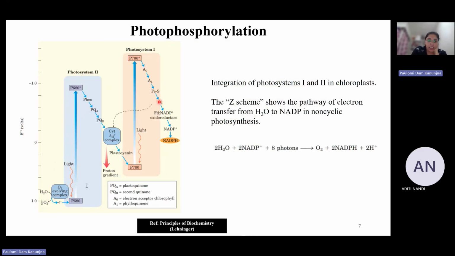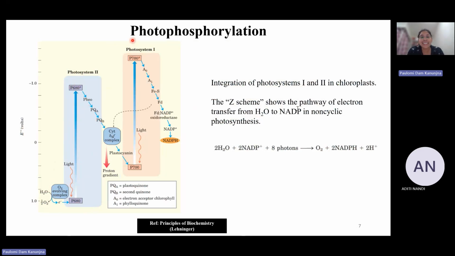And if you just visualize this flow of electrons, you see something like this: one direction, two direction, three direction. And what is this forming? This is forming a Z. So generally, the electron transfer in a plant is called a Z scheme, or Z-type electron flow. The Z scheme is basically how the electron is transferring in the photosystems. So you need to remember these terms as well.